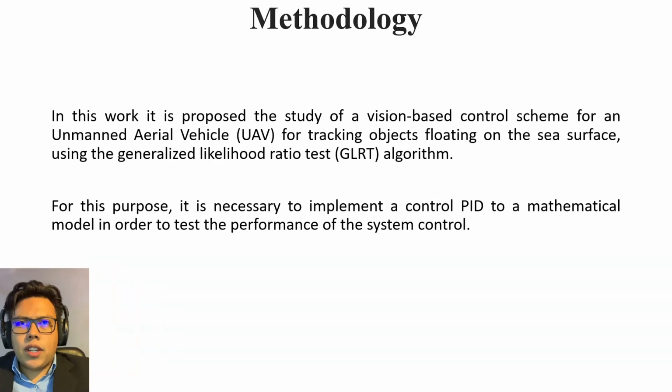In this work, the study of a vision-based control scheme for an unmanned aerial vehicle for tracking floating objects on the sea surface using the GLRT algorithm is proposed. For this purpose, it is necessary to implement a PID control on a mathematical model in order to test the performance of the control system.